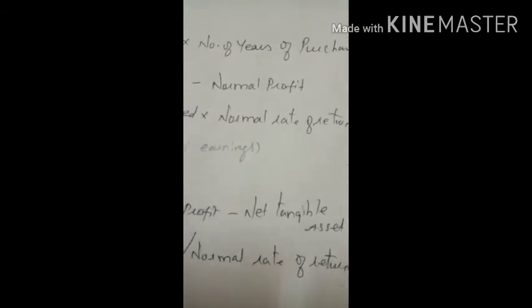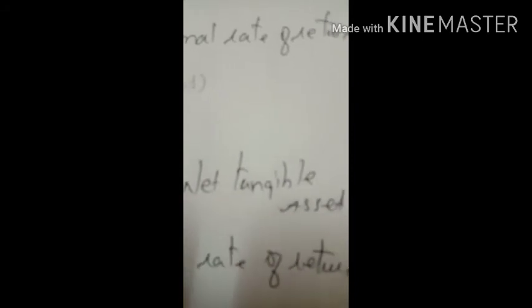The assets that are very useful, that can be sold, that give a profit to the business, become net tangible assets. So we have to subtract that. When the capital is taken into account, the same way the assets will be taken into account. So from the capitalized value of profit, we have to deduct the net tangible assets that are given to us.